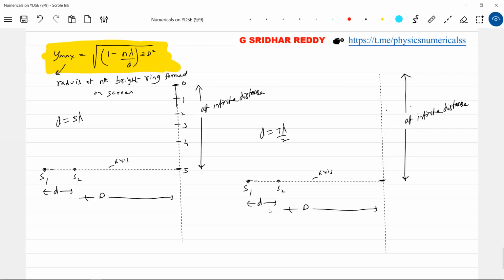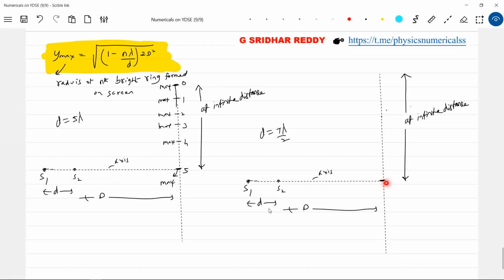Here maxima or minima? I think maxima, let me write it here. Maxima. Again, those numbers are okay, 1, 2, 3, 4 you are writing. No, minima or maxima? Anybody wants to answer?